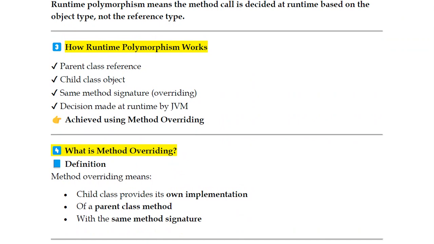For example, if RBI fixes 1%, ICICI may use a rate of interest of 2%, KVB 2.5%, and Axis 1.5%. They override the rate of interest method of the parent class, the RBI class. RBI is the base class, and its rate of interest implementation is overridden by the child classes like ICICI, KVB, SBI and so on. But the same method signature should be followed.